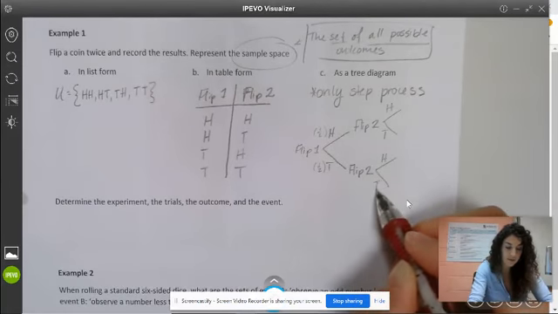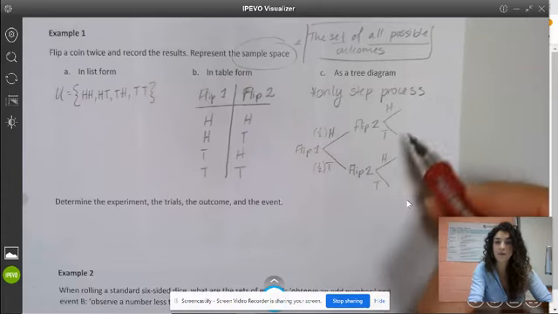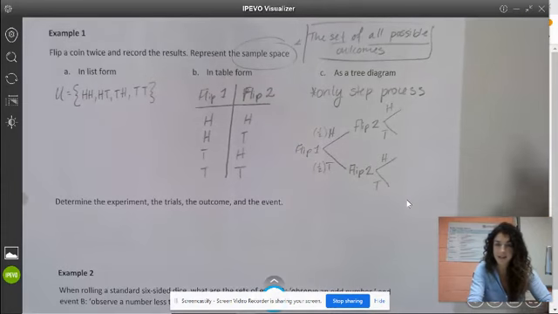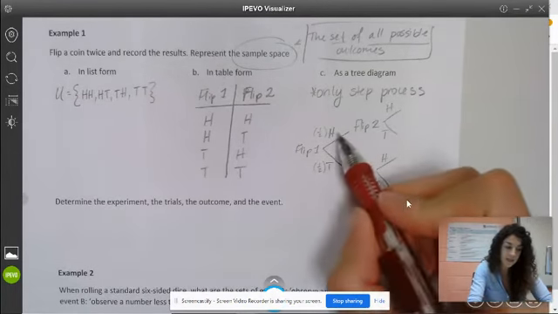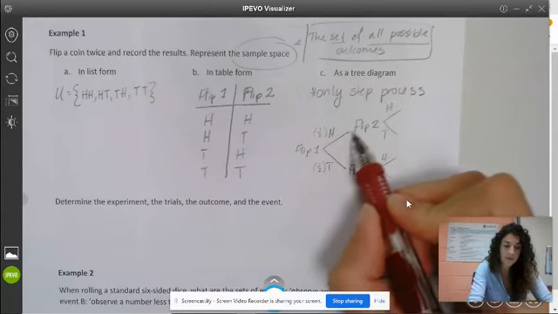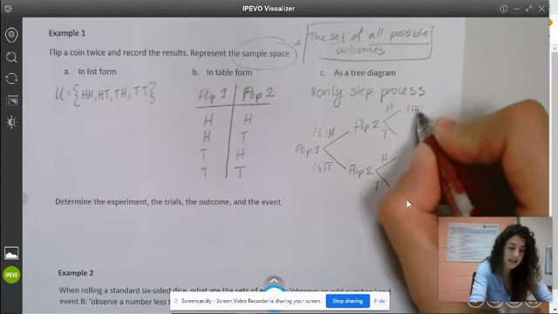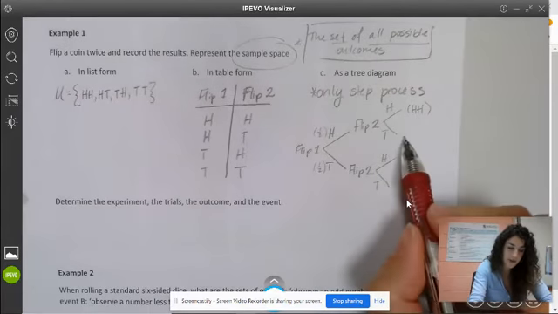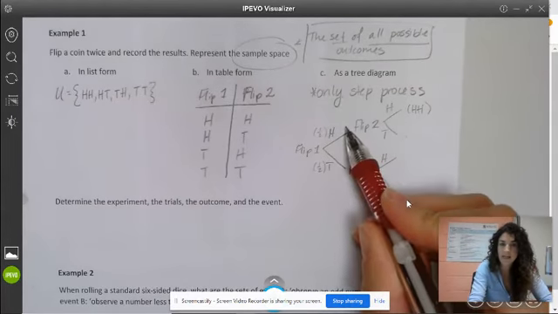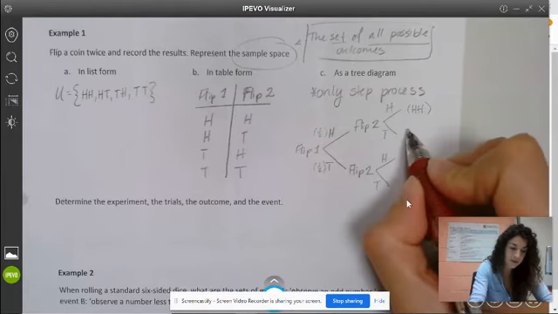Same with flip 2 down here, if you flipped tails, you could then flip heads and then tails. If we ended up on this part of this tree diagram, the result is heads, heads. If we ended up here, it means that we did heads and then tails.